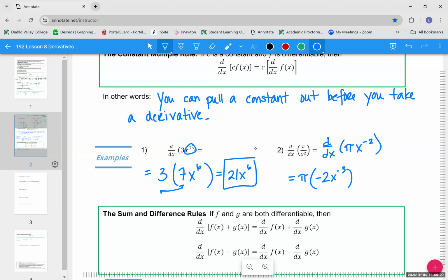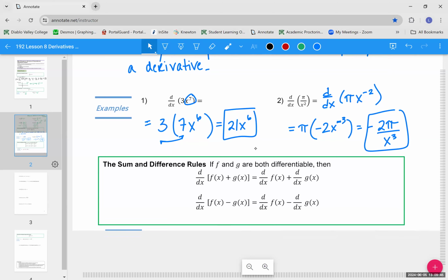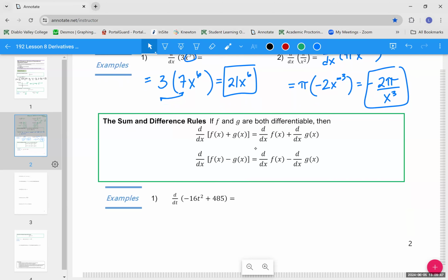Subtract 1 on the exponent, put the original exponent as a multiplier, and then I'm going to go ahead and just clean that up a little bit, move the negative exponent to the bottom, multiply the 2 and the pi, etc. Okay, so you can see we're just kind of building layers, little rule upon little rule that will allow us to put together derivatives of some simple functions, polynomials for sure.